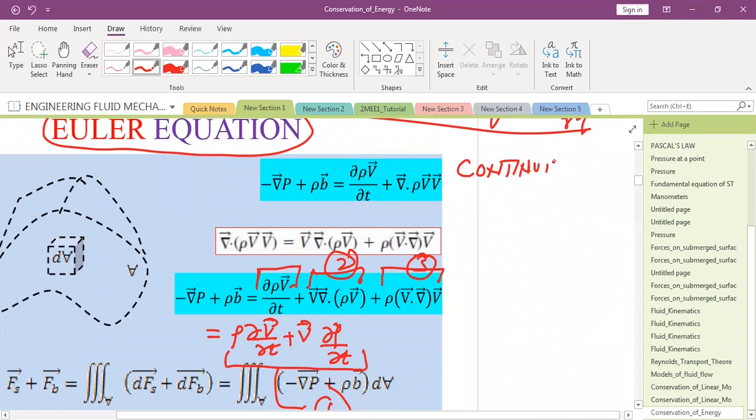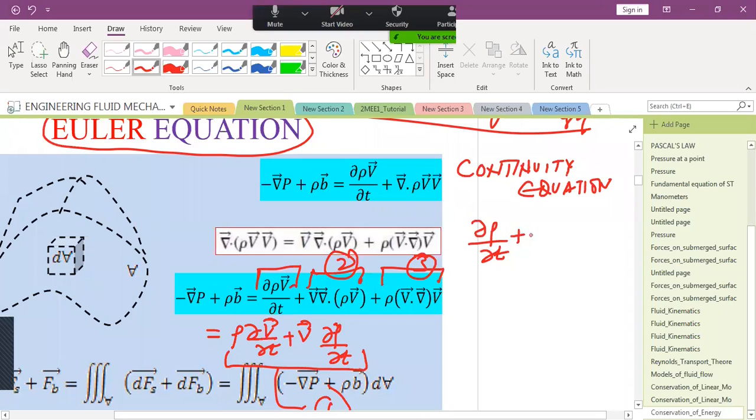If you remember, A1 V1 equal to A2 V2. That is not the most general form. I am asking you the most general form of the continuity equation. So curly rho by curly T plus del dot rho V is equal to 0.